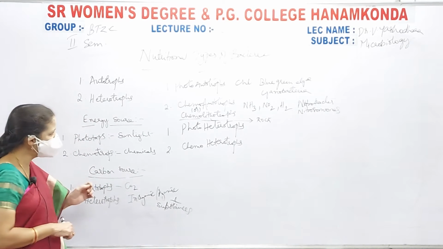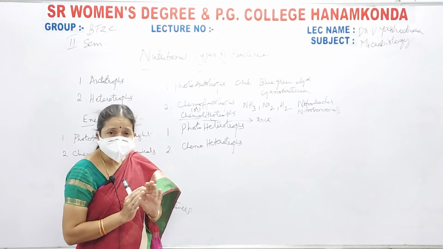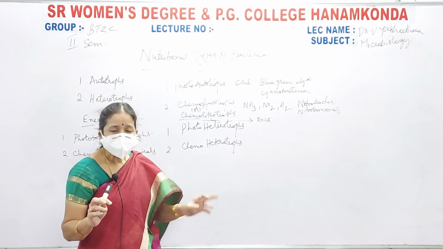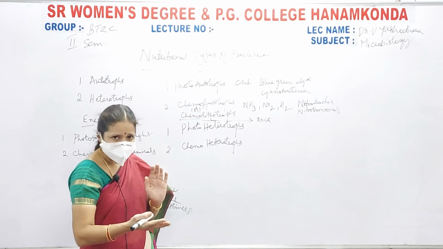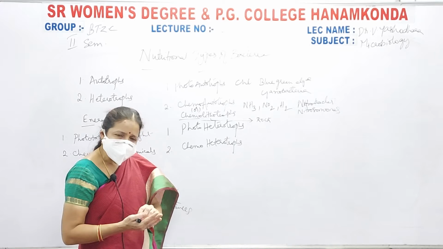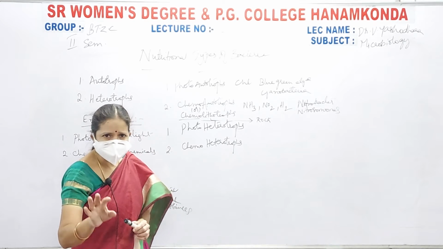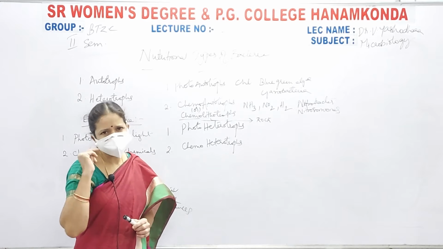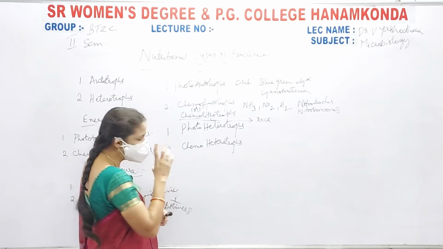So, these photoheterotrophs, though they cannot synthesize their food material, can absorb the food material from other organisms, but for absorbing the nutrients from other organisms also, it requires certain conditions. What are the conditions? Energy source and carbon source. When these two are satisfied, then only they can absorb.